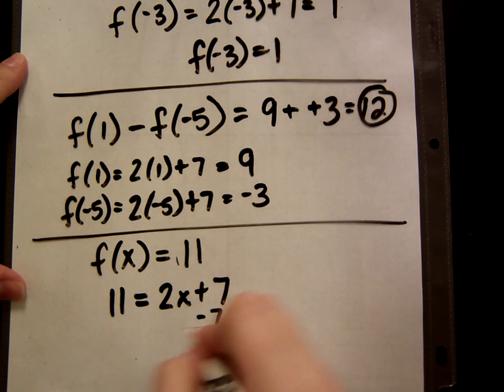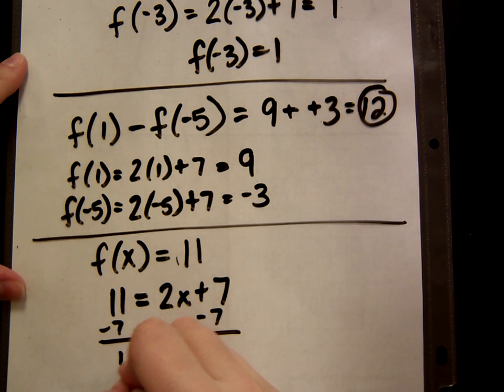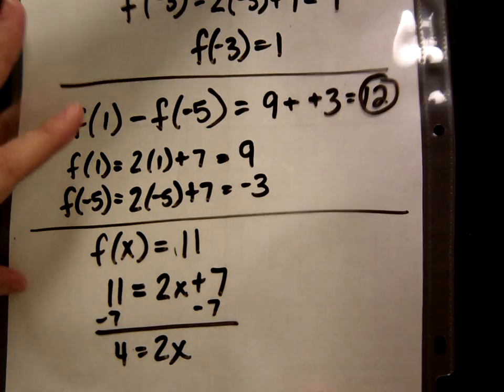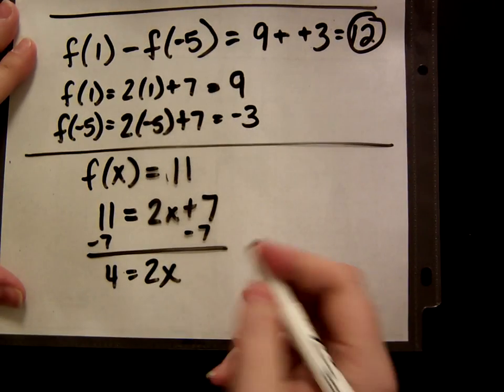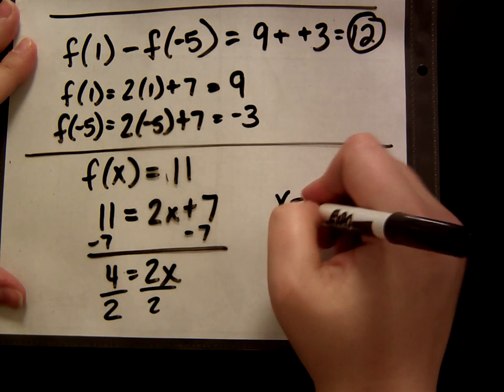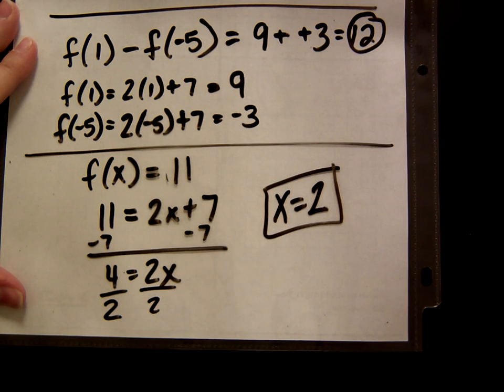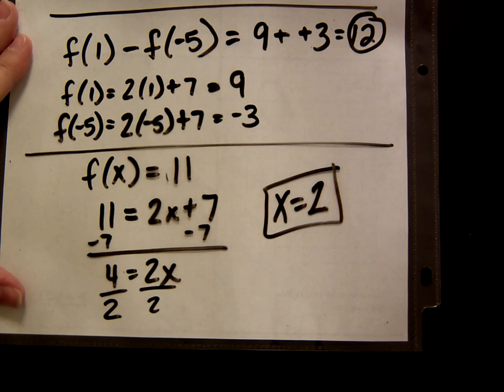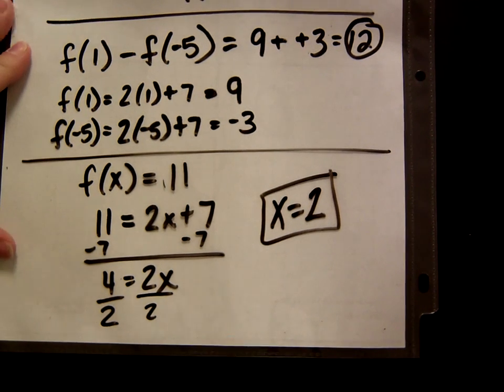Subtract 7, you get 4 equals 2x. Then you divide by 2, and this tells us the x value is positive 2. So be careful about whether you're substituting the x, the input, or whether you're substituting the output, which is f of x.